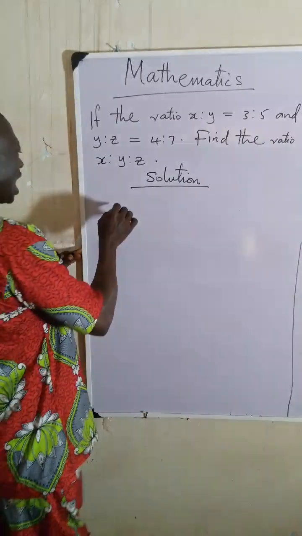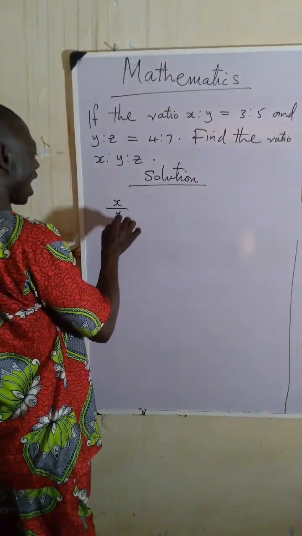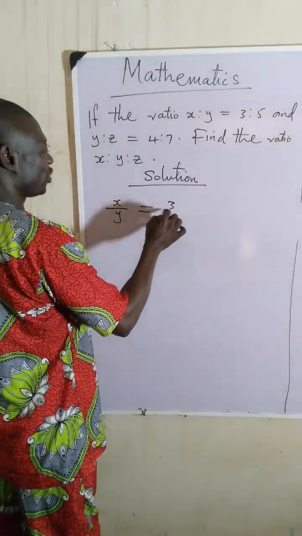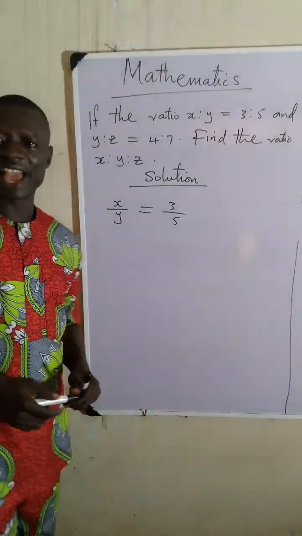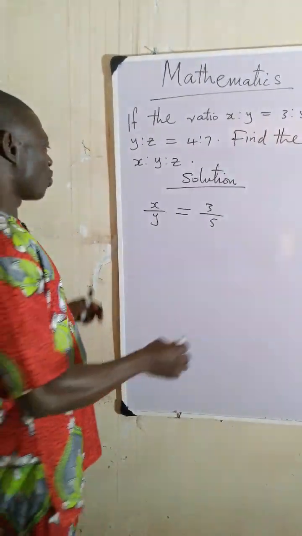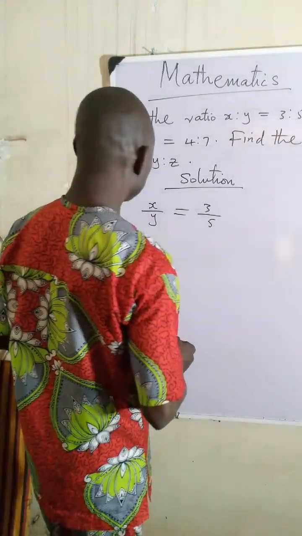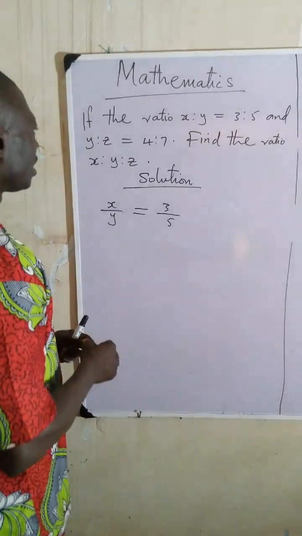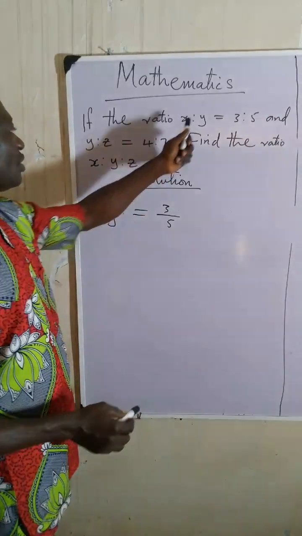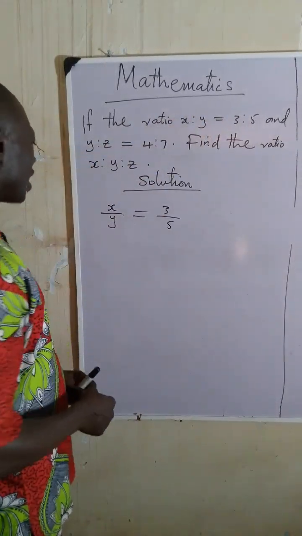It means that x over y is equal to 3 over 5. Remember, ratio is another way of expressing fraction. So we have changed the ratio to fraction.